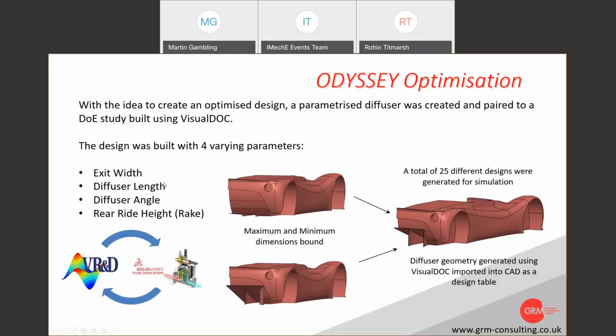So it's a simple one. Again, it helps to get your head around the whole problem, which has 4 different variables: the exit width of the diffuser, the diffuser length, its angle, and the rear ride height of the car. So we're introducing rake into the car, with these 4 metrics controlling the response.